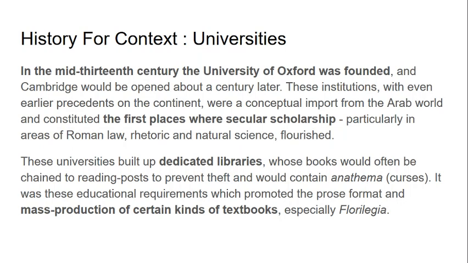But now we should talk about some history for context, and that is universities. So in the mid-13th century, the University of Oxford was founded, and Cambridge would be opened about a century later.